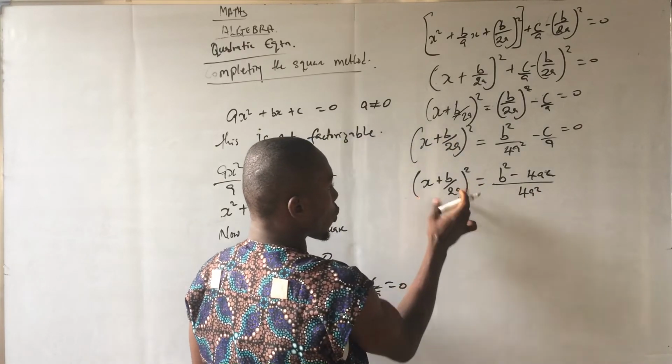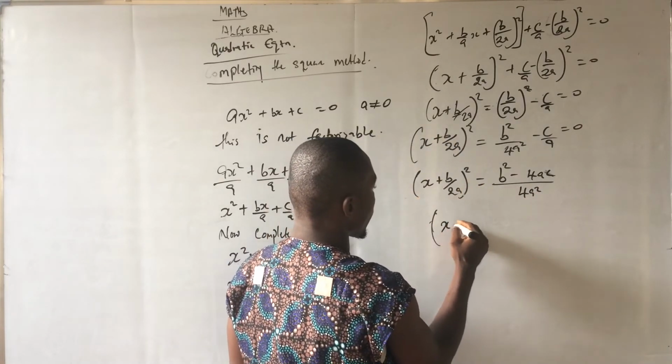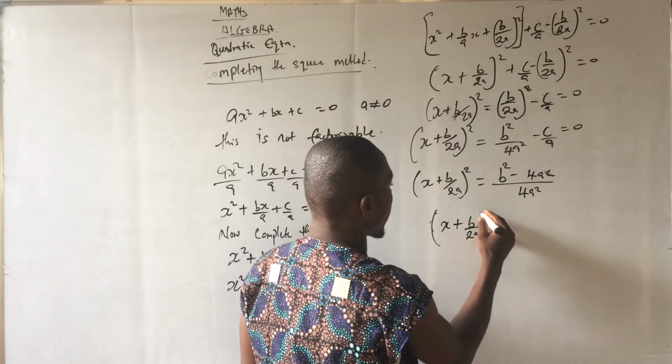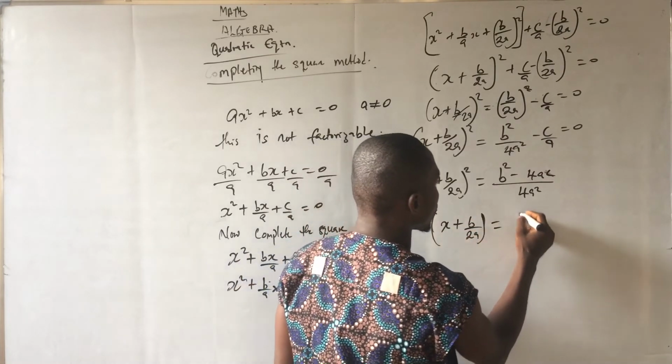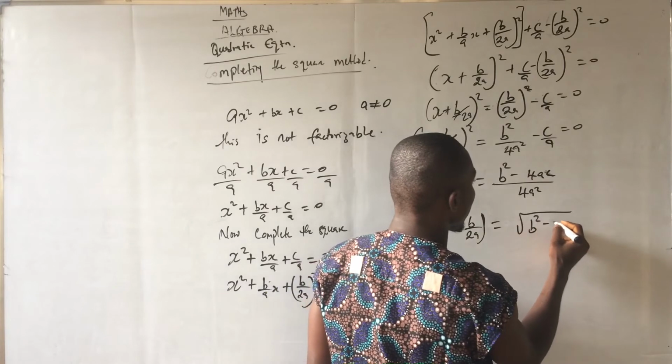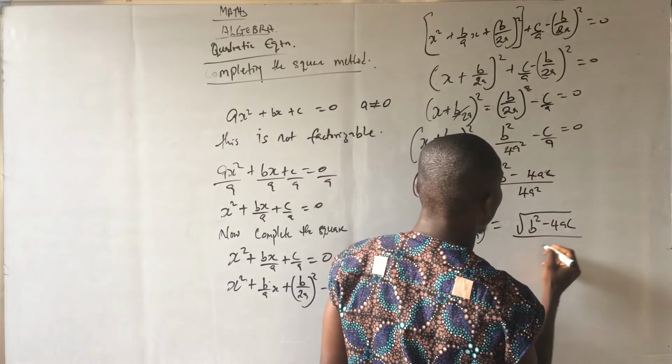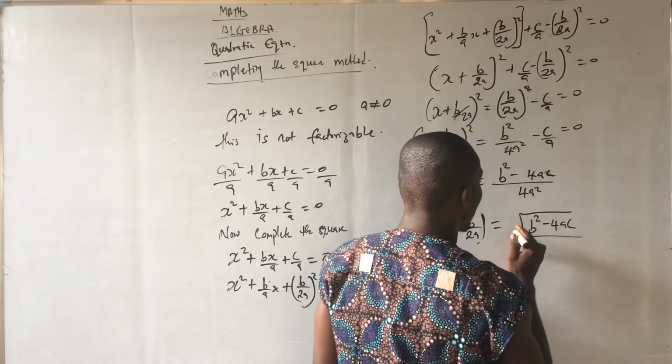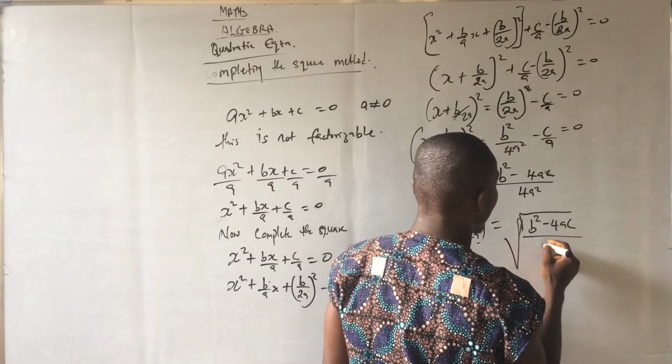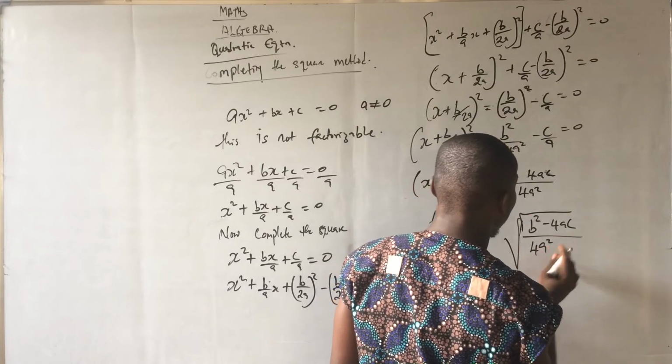So now we come here. This is x plus b over 2a equal to the square root of b squared minus 4ac all over the square root of 4a squared.